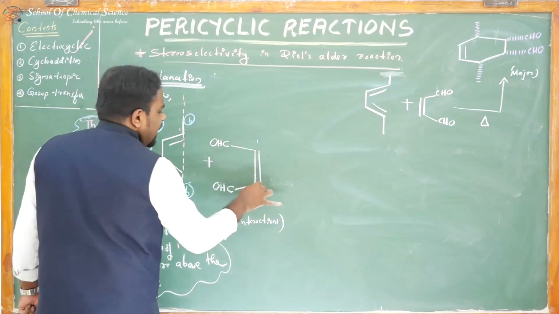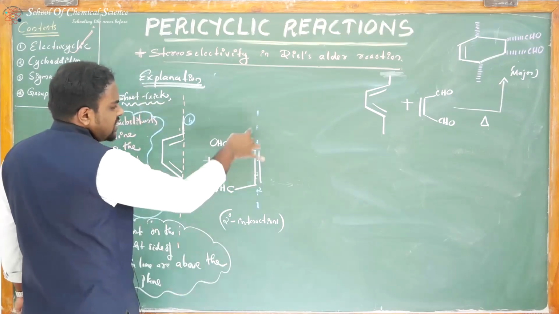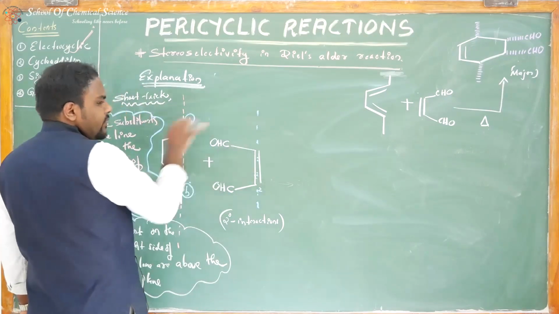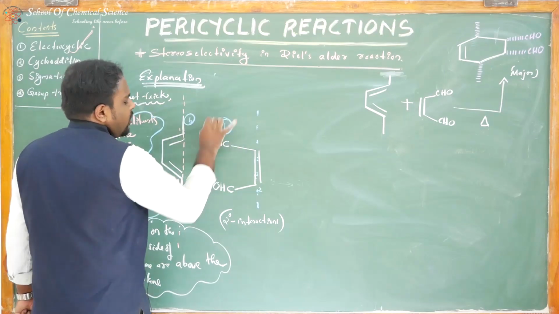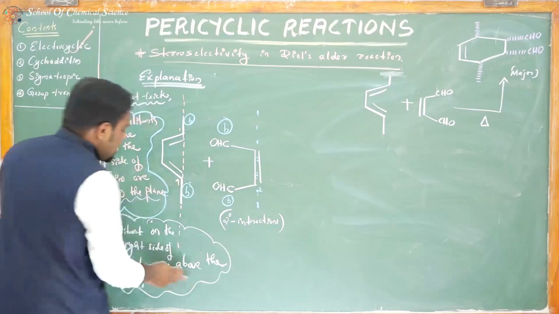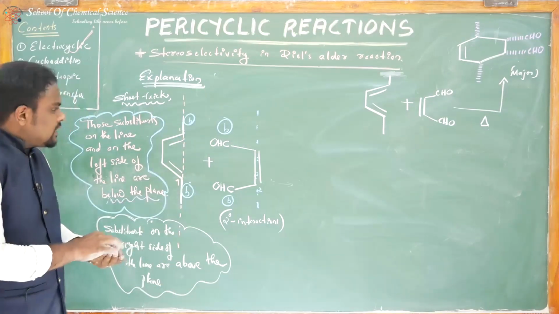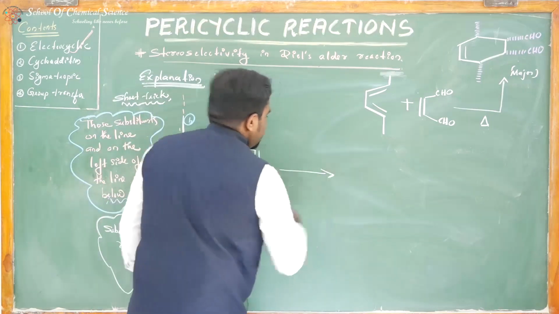Then here also draw a line between 1 and 2. Those substituents on the line and on the left side of the line are below the plane. If a substituent is on the right side, it is above the plane. So here, all 4 substituents are below the plane. So what is the product?